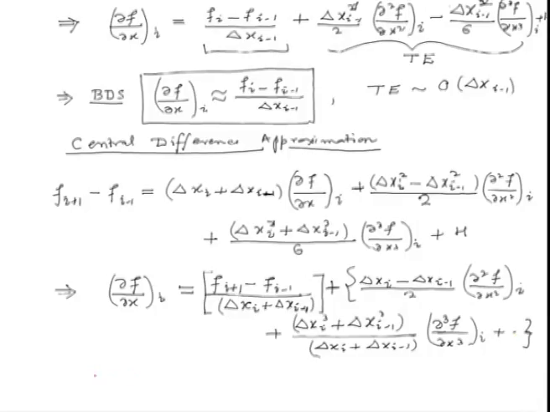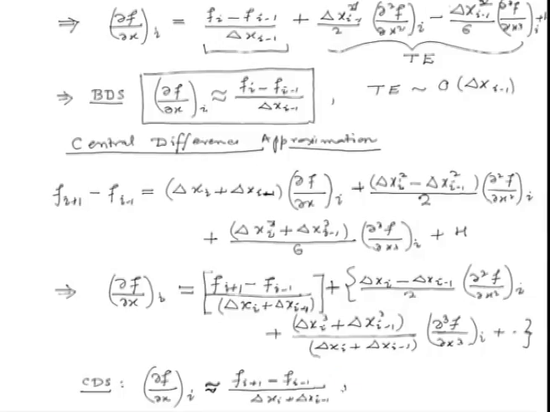So, we get the CDS approximation or central difference approximation for first order derivative as del f over del x at i is equal to f_{i+1} minus f_{i-1} divided by delta x_i plus delta x_{i-1}. So, this is the approximation which we get.